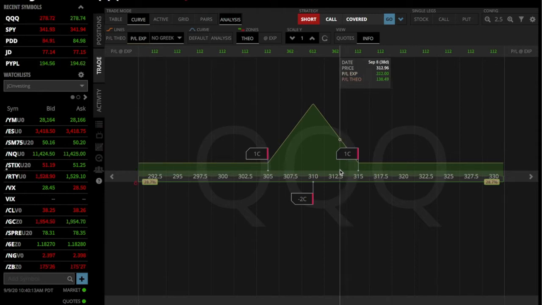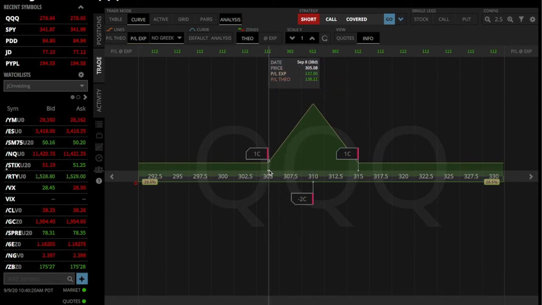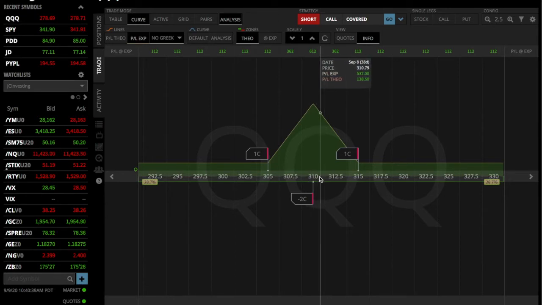But look at this profit potential here. Ideally, we want the 305, 310 long call spread to be at max profit come expiration, which is in 38 days, and we want this 310, 315 short call spread to expire worthless.